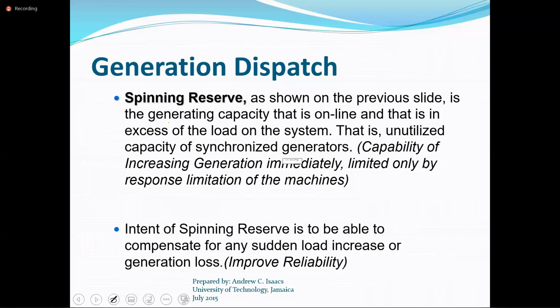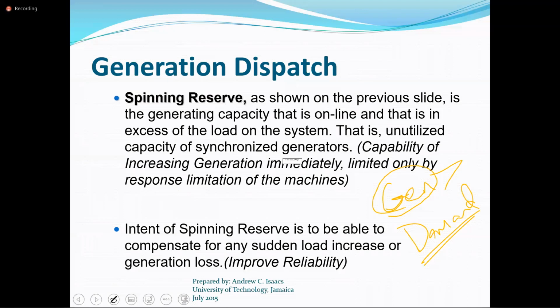The other flip side, because remember, you always want to have generation greater than demand. Now, the demand by individual customers is certainly not as significant as the possibility of losing a generator.